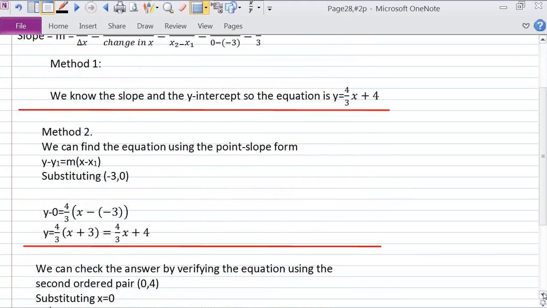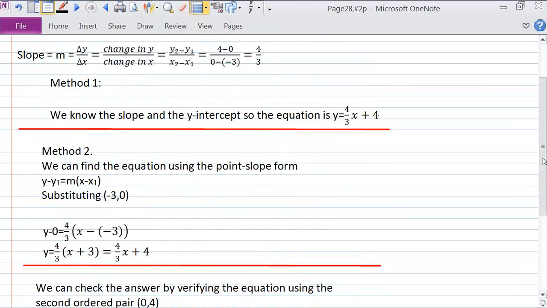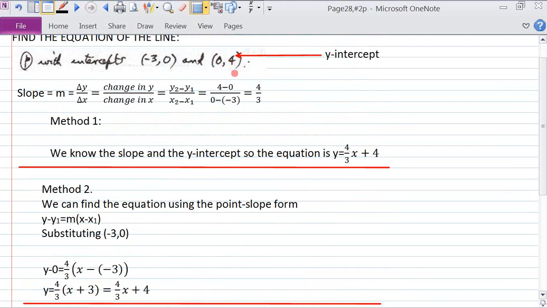Now, supposing you didn't realize that this was the value of b, and you chose another method, the point slope form.